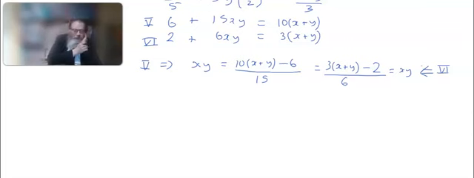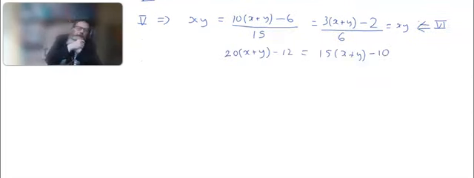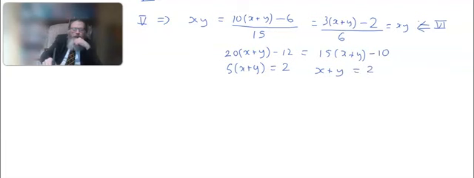So I now multiply both sides of that equation by 30. And multiplying both sides by 30, I get 20 lots of x plus y minus 12 is equal to 15 lots of x plus y minus 10. And so all I have to do now is to take 15 lots of x plus y off both sides and add 12 to both sides, so that x plus y equals 2 upon 5.